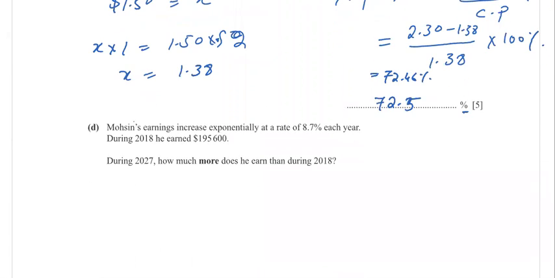Next part D is: Motion's earnings increase exponentially. Whenever exponential growth comes, immediately compound interest should come to your mind, because exponential growth is always linked with compound interest. At a rate of 8.7% per year, this is the rate. During 2018, he earned $195,600. So this is the earning.